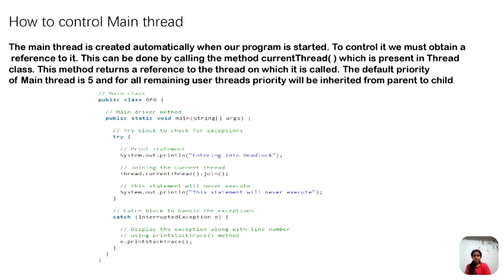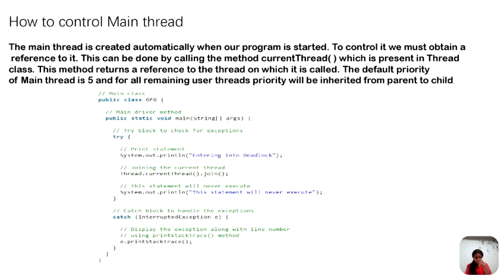For example, a main class, that is public class GFG, and then we'll move into the driver method, that is public static void main(String[] args). A try block to check for exceptions, and then the print statement. Then we'll go on to the joining of the current thread.